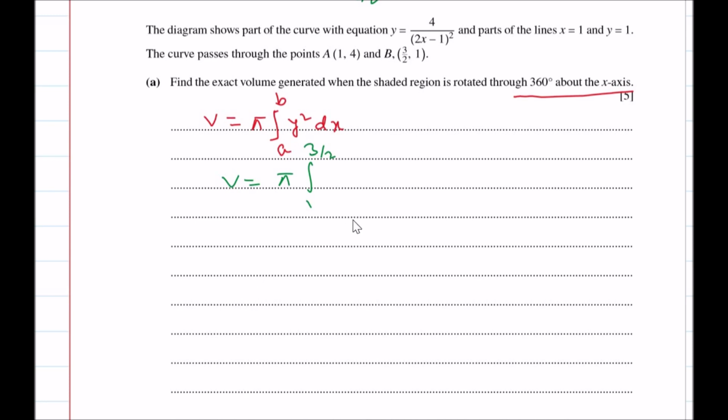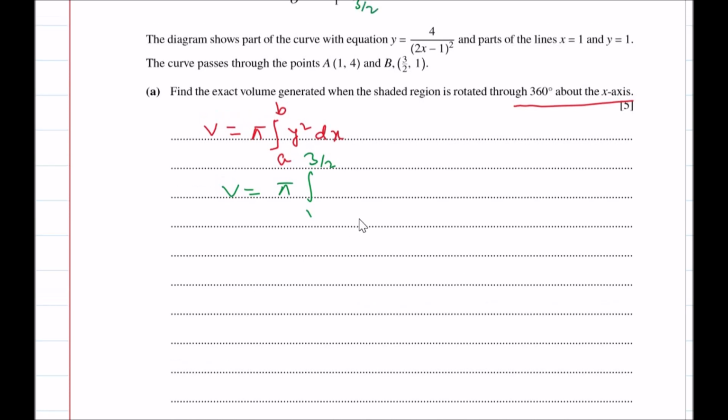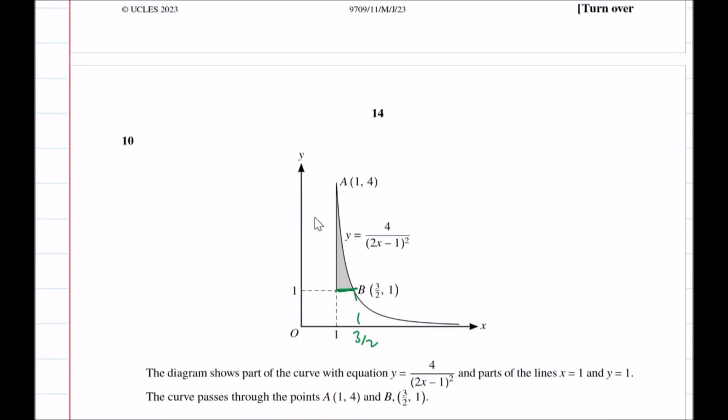Okay. And if you are squaring y, we get 4 square, so y square is equal to 16 over 2x minus 1 to the power 4. Square of a square is power 4.